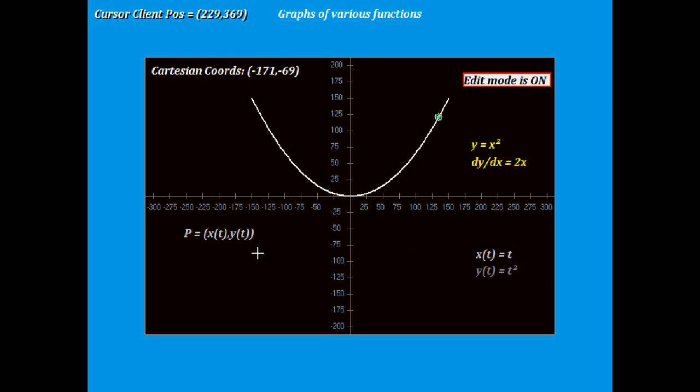Now, how do we compute the velocity of the particle? Well, we need to find out d by dt of this vector. Oh, I could use my arrows for vectors, maybe. Is it Alt 20? Not that one.